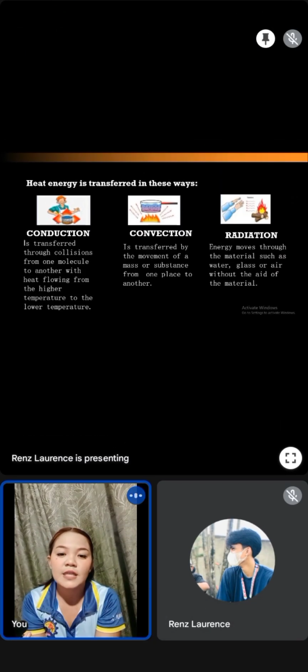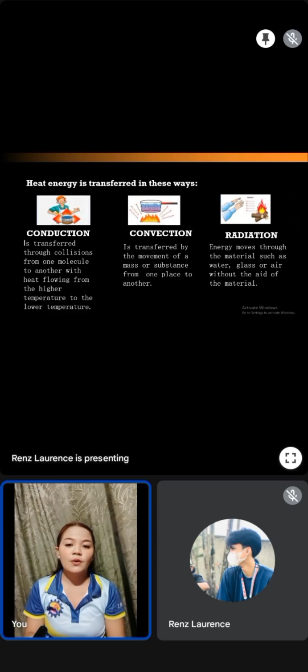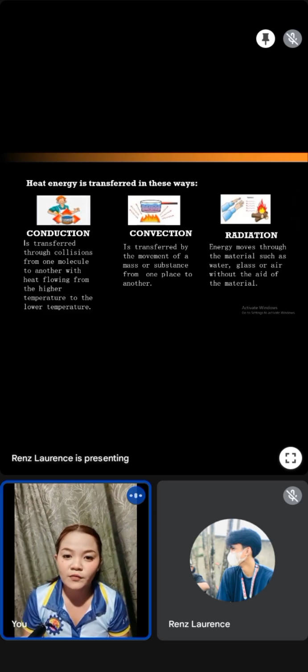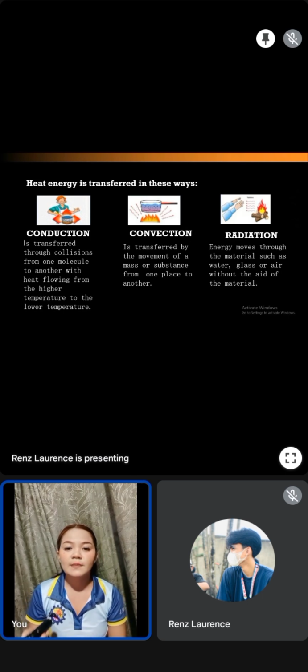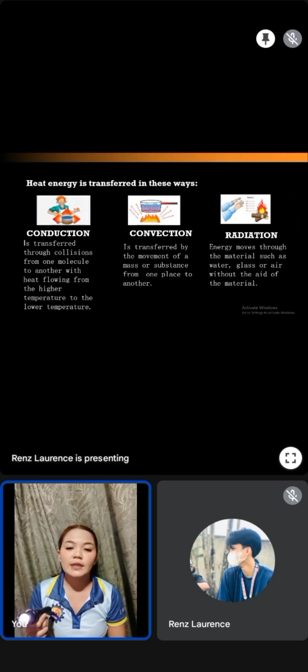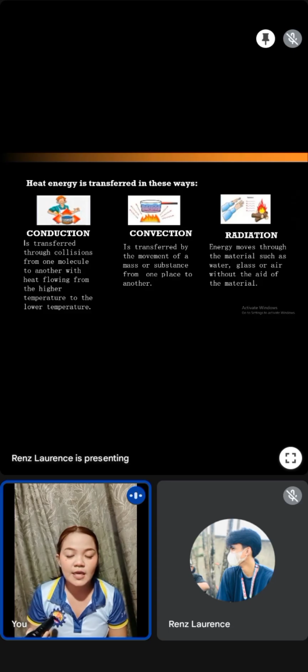So the second one is convection. When we say convection, it is transferred by the movement of mass or substances from one place to another. This is the up and down movement of gases and liquid. It is caused by the heat transfer.